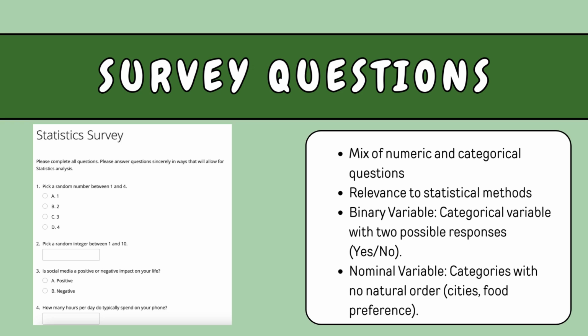We also had binary variables, which would be categorical but with 2 possible responses. So this would be your yes and no answers, like should college be free, yes or no, that would be the binary variable. And we also had nominal variables, which are categories with no natural order, like cities or what kind of food you like, burritos or tacos.